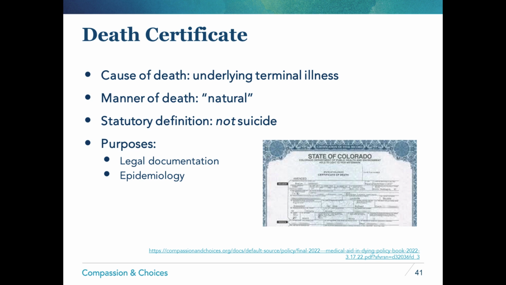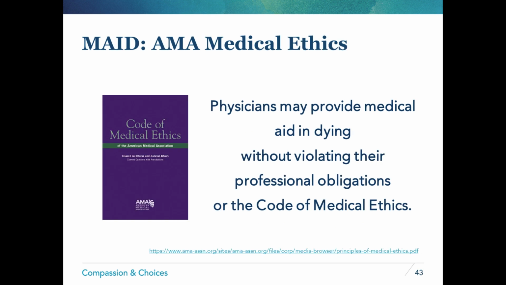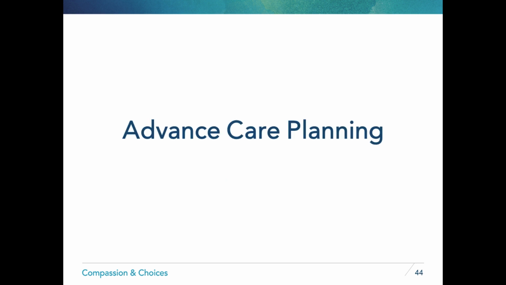And again, going back to what we read before, this is not suicide. No one is forced to participate in this, and this does not impact someone's health insurance. And recently, the AMA now allows for physicians to support their patients with medical aid in dying.